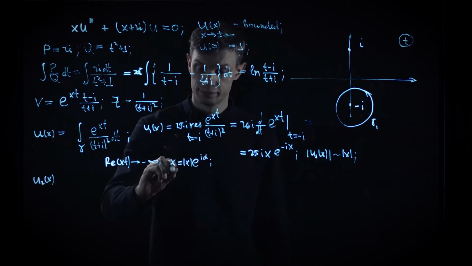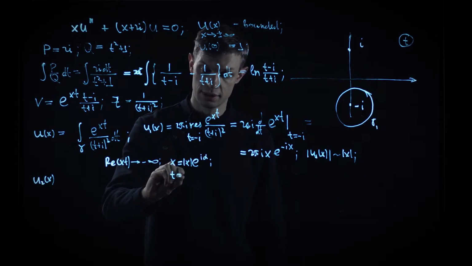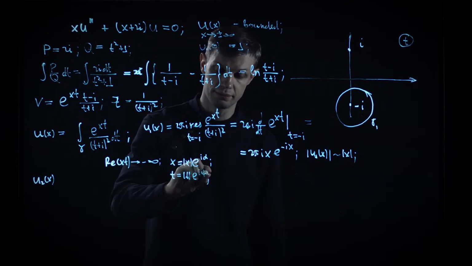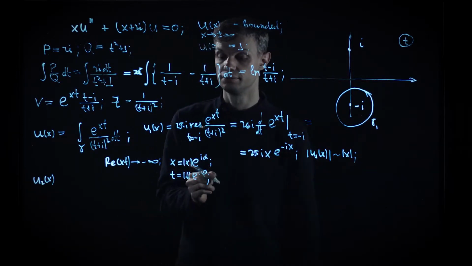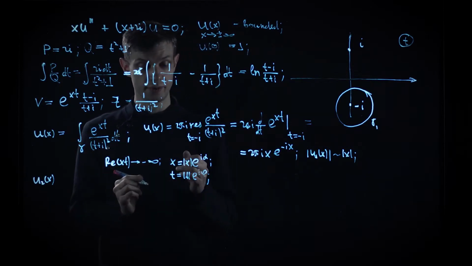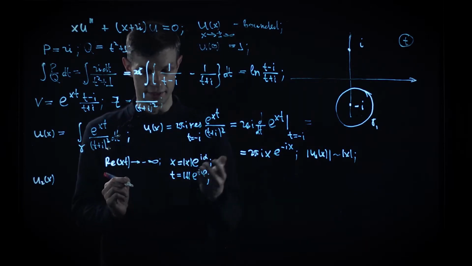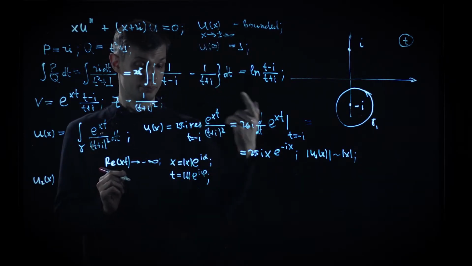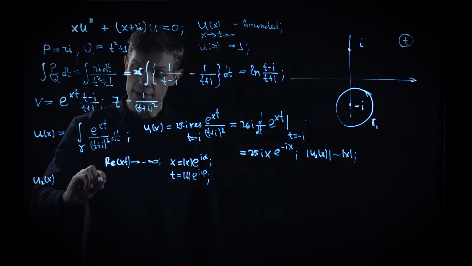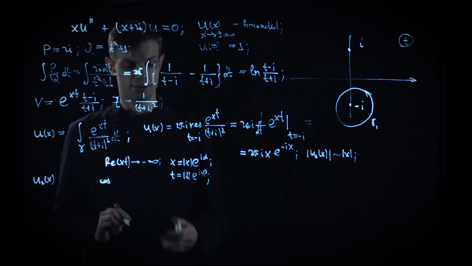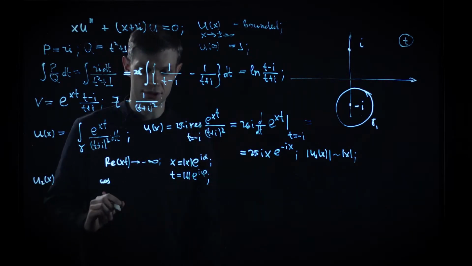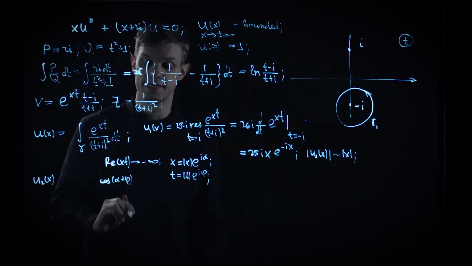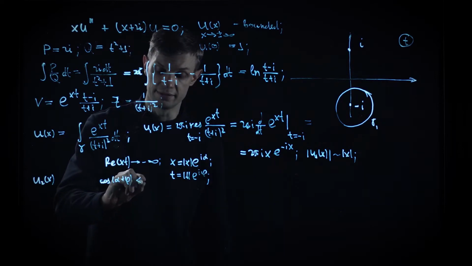Now t, accordingly, is represented in the same manner. And when we take the real part of this product and require that the real part tends to minus infinity, it's equivalent to the condition that the cosine, to which the real part is proportional, the cosine of alpha plus phi, that's the sum of these two arguments, is negative.